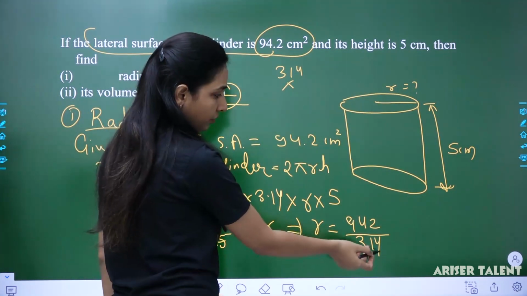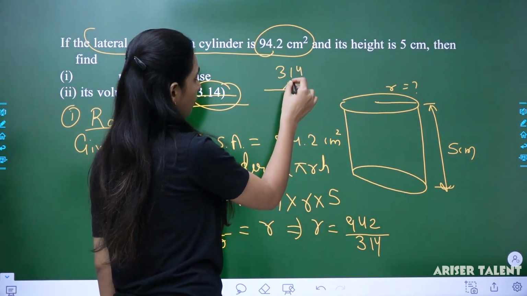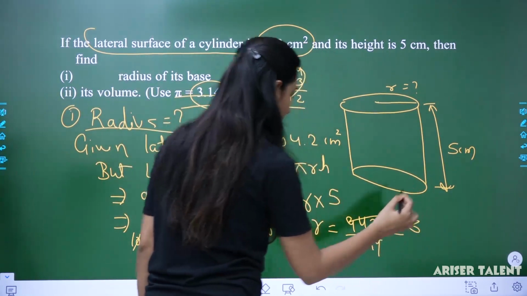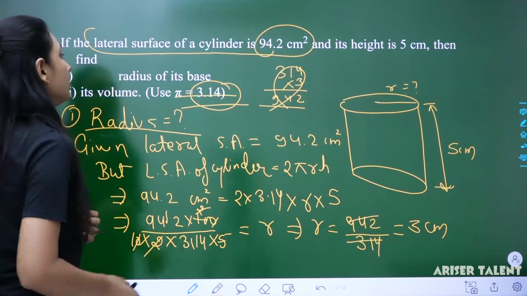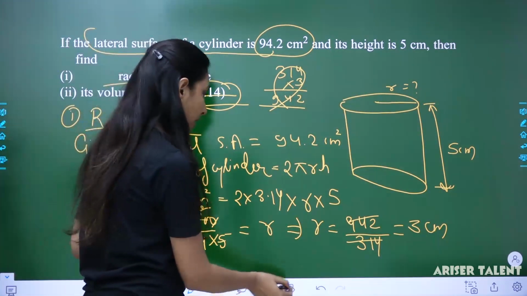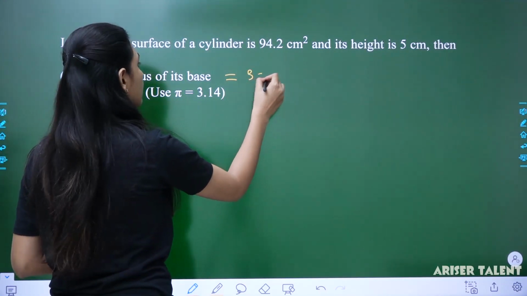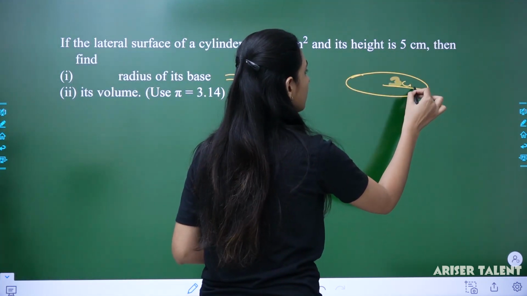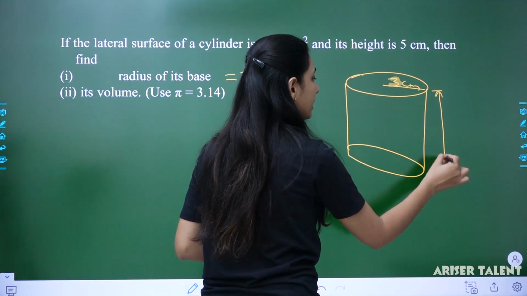You can say 3 times 4 is 12, 3 times 314 is 942, yes, 3 times. So it will be 3 what? Centimeters. So the radius of the base is what? 3 centimeters. Radius is 3 centimeters, calculated. Again, this is 3 centimeters. It was given 5 centimeters.